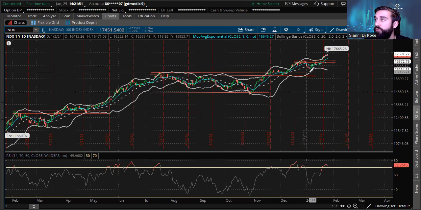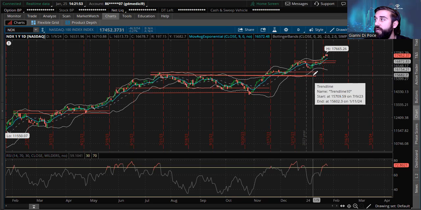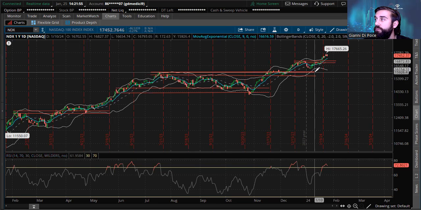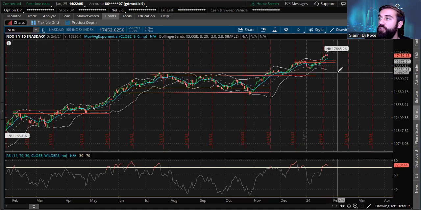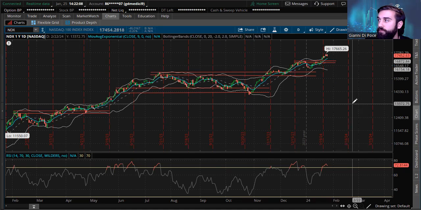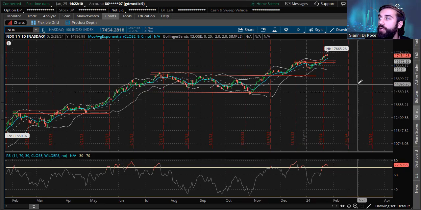We could come back down to retest this 15,600, 15,900 area, or 15,700, 16,000 area. No guarantees, we're forward looking, but this is how support and resistance works. Okay. That's how it works horizontally.